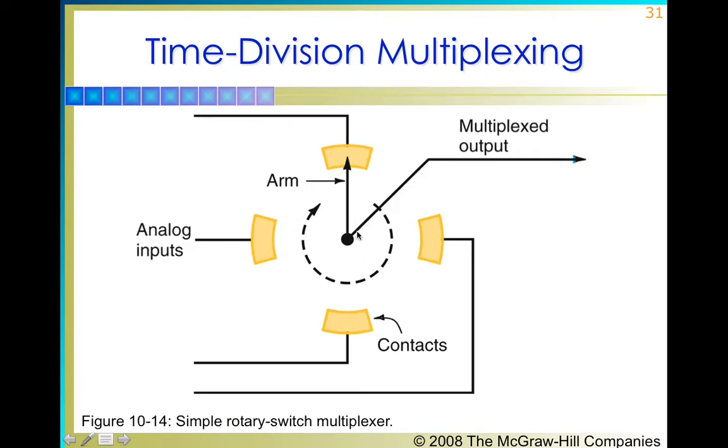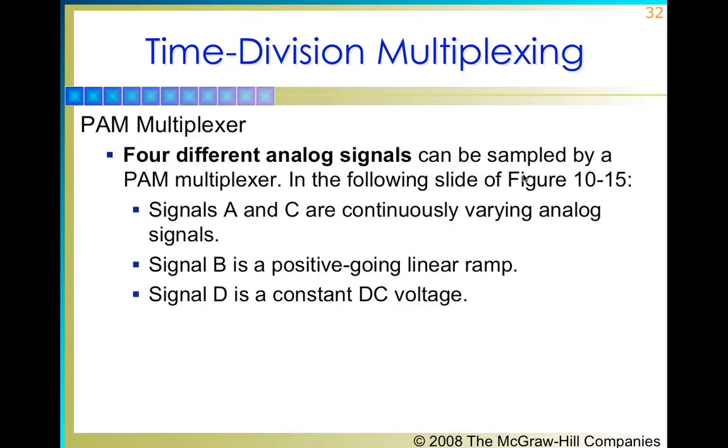And the result is that when this arm is over here, the transmitter is sending data to the multiplex output. When this arm is over here, here or here, the data of these transmitters is being sent to the multiplex output, and this is a simple rotary switch which is used for the time division multiplexing.